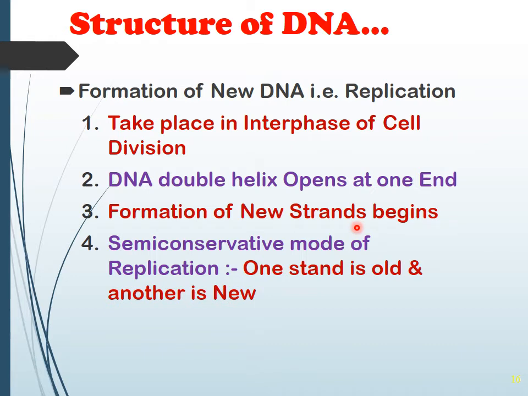Now there are 3 different types of replication, but we are most concerned about what happens in humans. In humans, the replication is called semi-conservative. The meaning of the word semi-conservative is that one strand is old and another strand is new. Just note down this 4th point in your notebook.